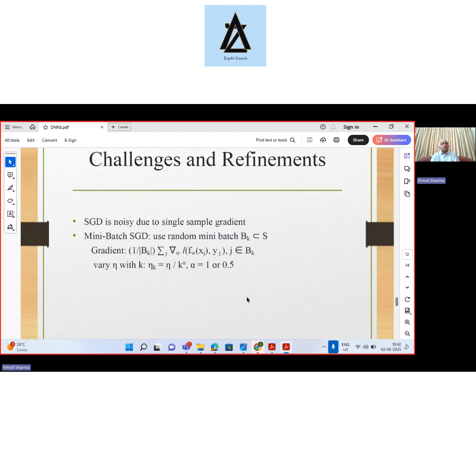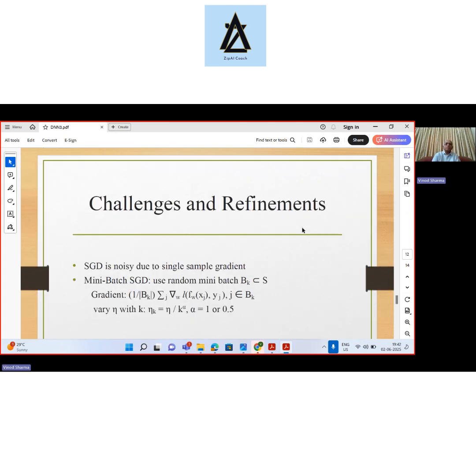in practice, it so turns out that if you apply the stochastic gradient descent algorithm on problems of interest, it doesn't really converge very well because of the term that we have used here.